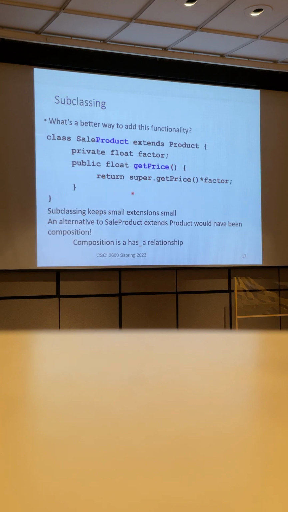Of course, we can reduce the maintenance requirement by making sale product extend product, if that helps. We would then avoid copying and pasting code. We would only have to override get price. Again, that does not make sale product a true subtype of product.